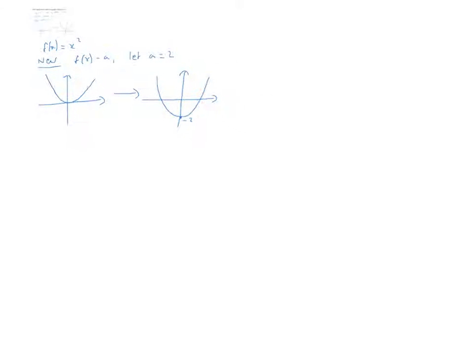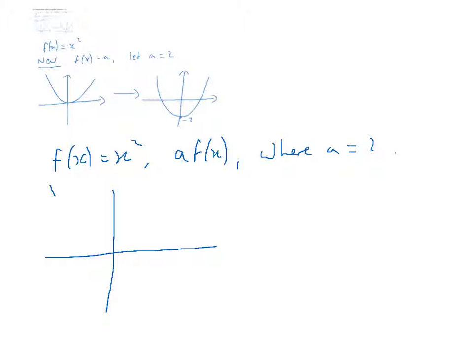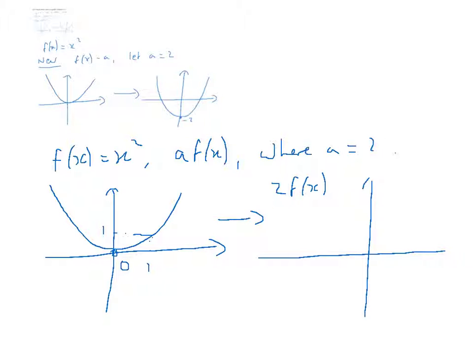Now we're going to look at my f of x equals x squared with the transformation af of x, where a equals 2. So original, we have it like this. So if we pick a point, here is 0, if we pick this point 1, the y value at 1 will be 1, won't it? But now with our new transformation, we have 2f of x, so this means all the y values will be times by 2.